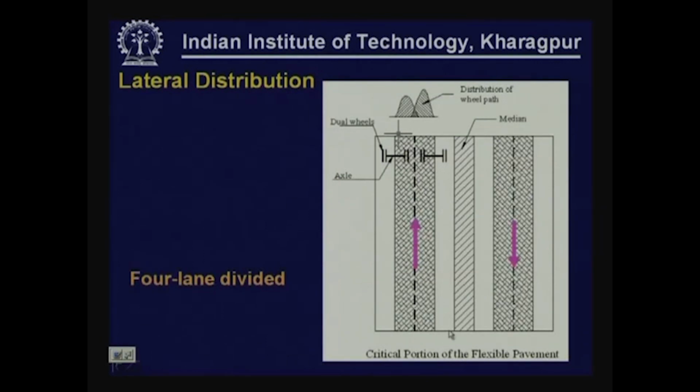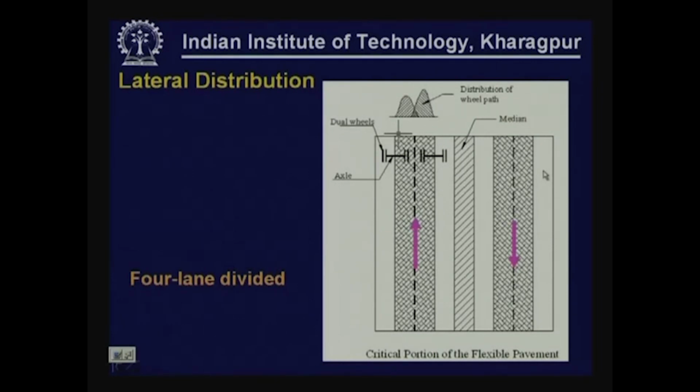For example, if you have a typical multi-lane, a 4-lane divided carriageway, you can have 2 vehicles traveling in this direction, simultaneously you can have 2 vehicles traveling in the other direction. But if it is a separated carriageway having a median in between, these vehicles are physically separated from the vehicles on the right side.